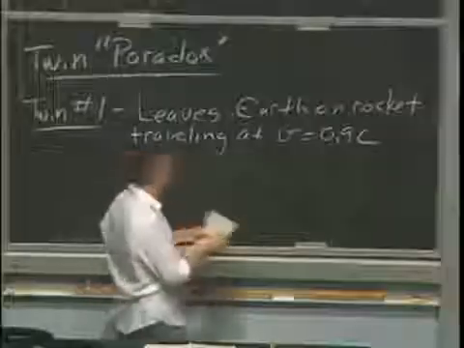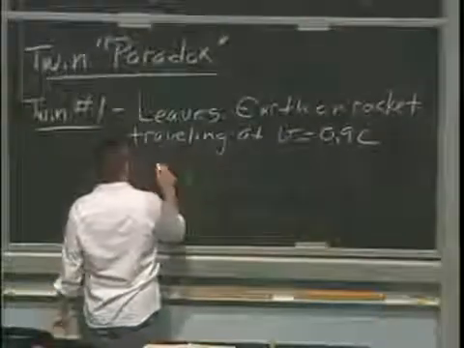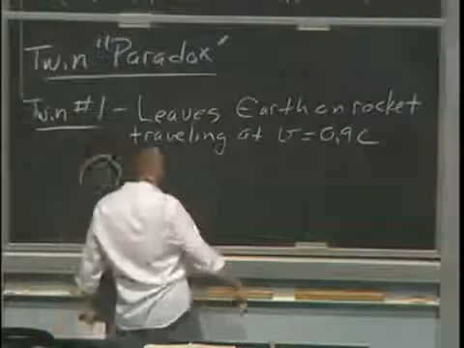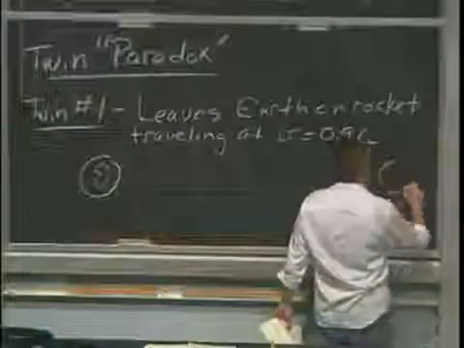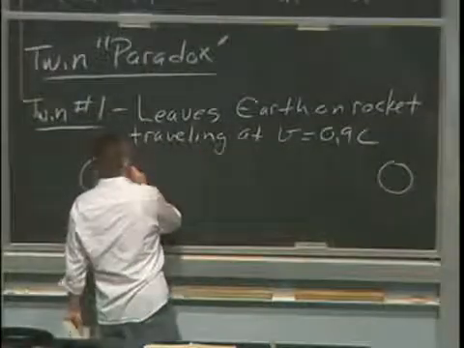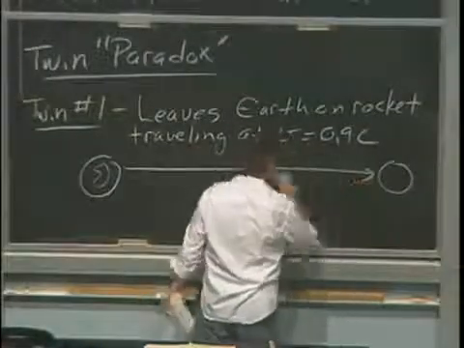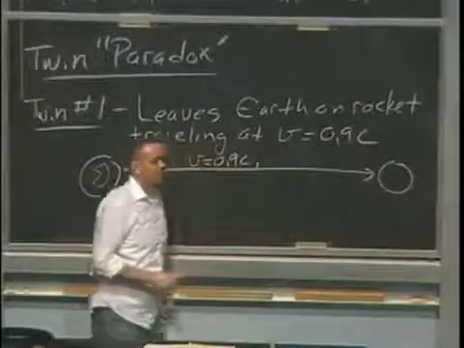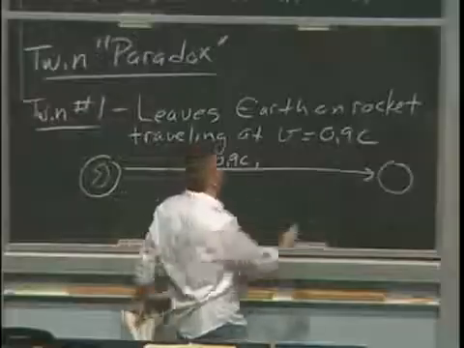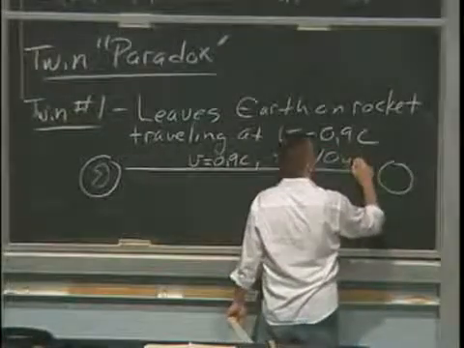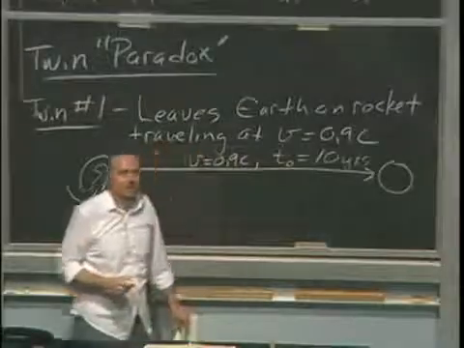Okay, so let's imagine that twin, so here is Earth, here is the neighboring star. Let's imagine that twin is going to travel out at 0.9 c, and let's say the twin sees a time t naught equal to 10 years to reach that neighboring star.